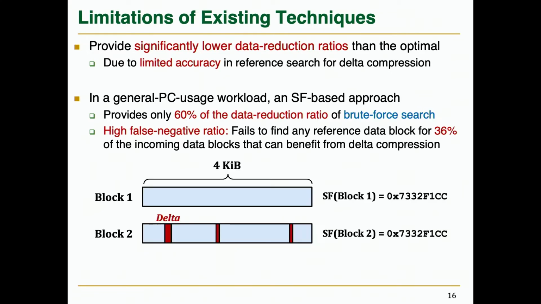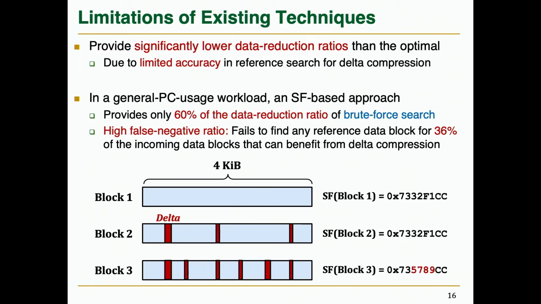In other words, the super-feature-based approach is very good at generating the same sketch value for highly similar blocks, but it generates different sketches for data blocks that are not that similar, but can still benefit from delta compression.